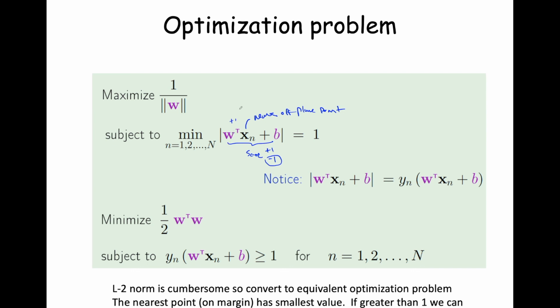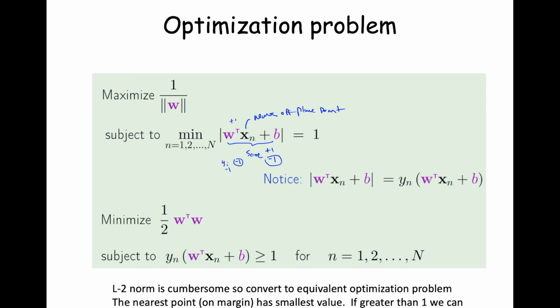If it's a negative example, this score, W transpose xn plus b for this off-plane point, so it's on the minus side of the plane, the score is going to be minus 1. If we multiply that minus 1 score with a class label, yn, that's also minus 1, it's also going to be positive. So this idea of the magnitude of W transpose xn plus b being equal to 1 is the same as taking your class label and multiplying it by the score without the absolute value.